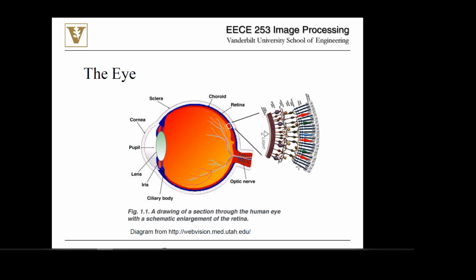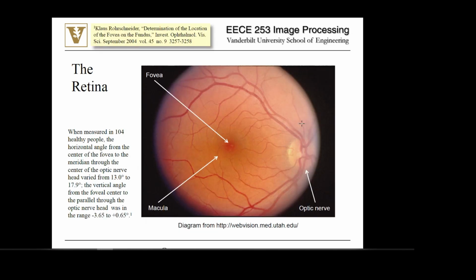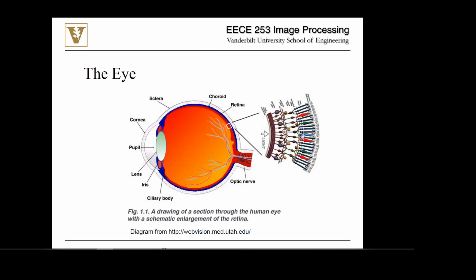These ones are rods. These are cones. And we have 3 different kinds of cones: red cone, blue cone, and green cone. And these cells are in the retina. So this back part of the eye is called the retina.